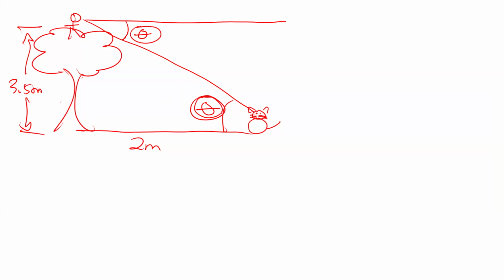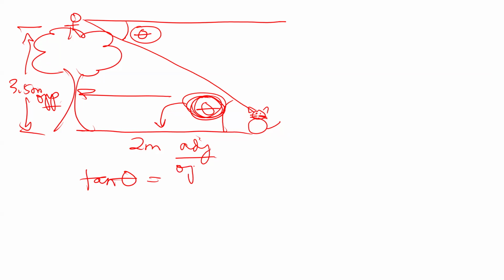With respect to this angle, we have the adjacent side and the opposite side. Which trigonometric ratio can we use to conveniently solve for theta? Very good. Tangent theta is equal to opposite over adjacent.